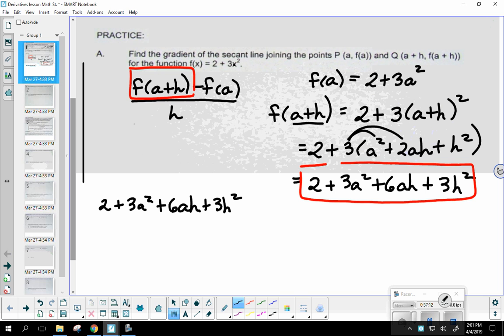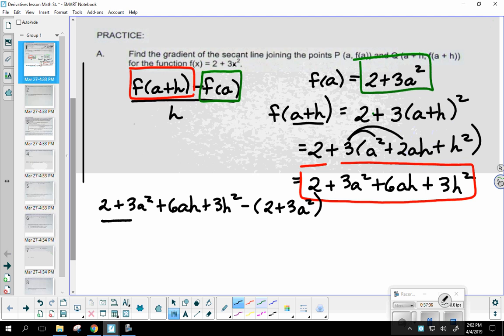Now I'm going to subtract, and you'll notice what we're subtracting is f of a. Well, we have that right here. But since I'm subtracting a binomial, I would encourage you to put it in parentheses because you're going to have to distribute in order to drop those. So I'm going to put parentheses 2 plus 3a squared.